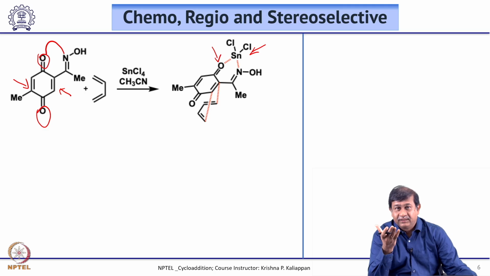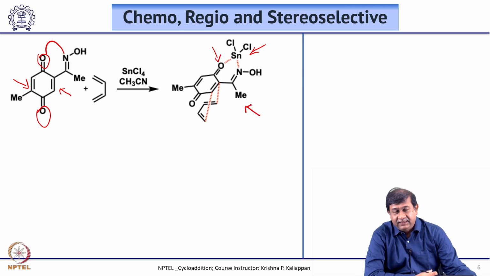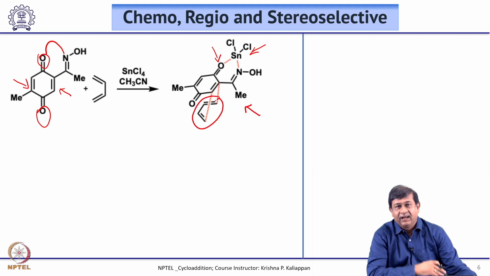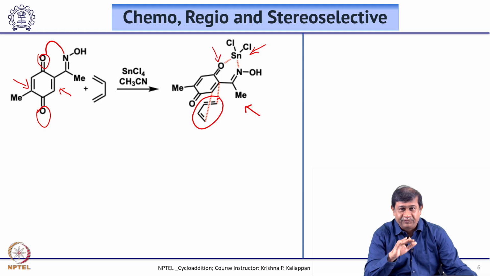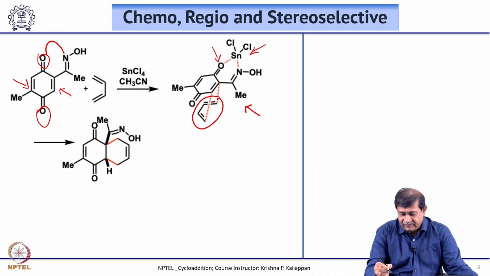As you know, when you have a dienophile like this, the dienophile can approach the diene either from the top face or from the bottom face. In this particular example, what you can see is the diene is simple butadiene, and the dienophile approaches butadiene from the top face. So, if that happens, what you get is this product. So, you can easily write the product like this.